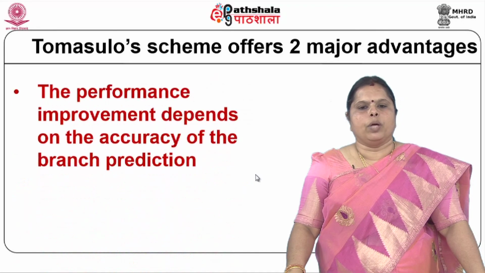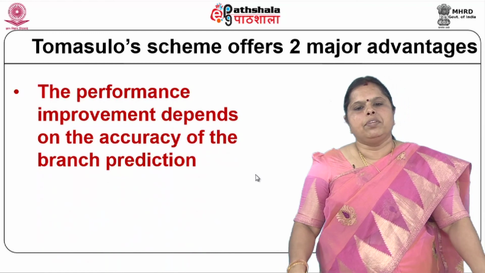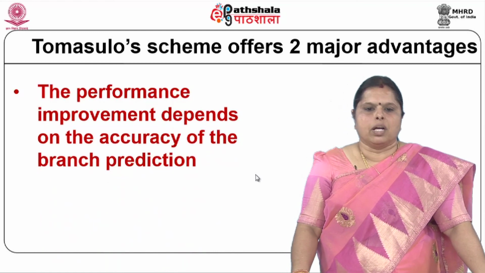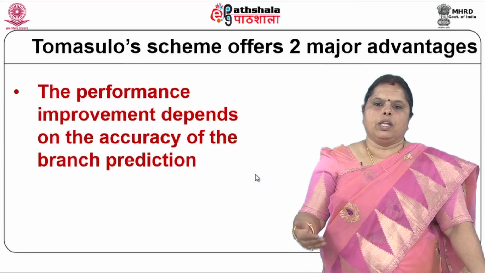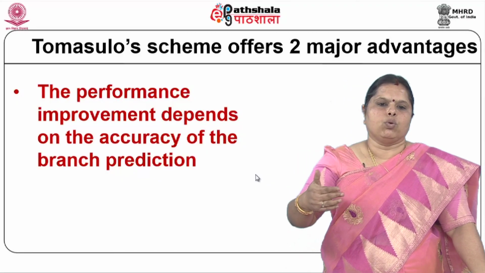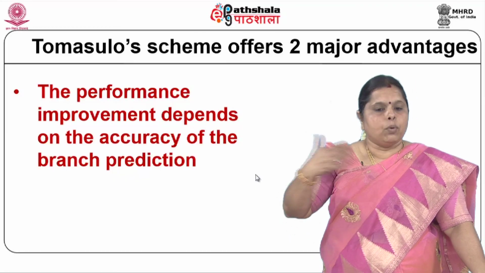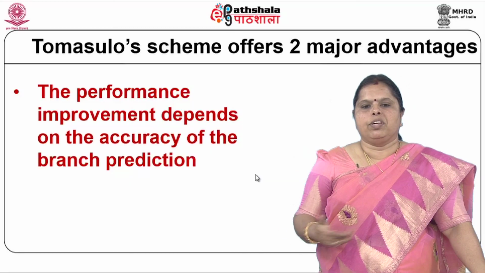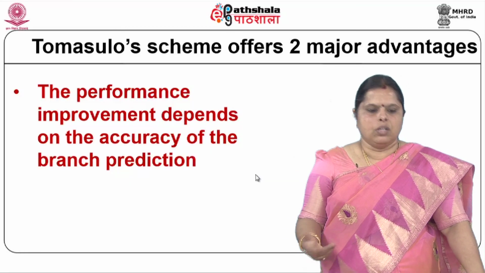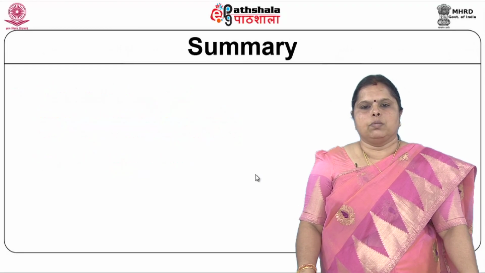Of course, whenever you are looking at loops involving branches, everything depends upon the accuracy of the branch predictor. Because the branch predictor predicts that the branch is going to be taken, you do a dynamic unrolling of the loop and get the next instructions from the next iteration. Suppose your branch predictor prediction proves wrong, then whatever fetch you have done is going to be a waste. So, the performance improvement basically depends upon the accuracy of the branch prediction.